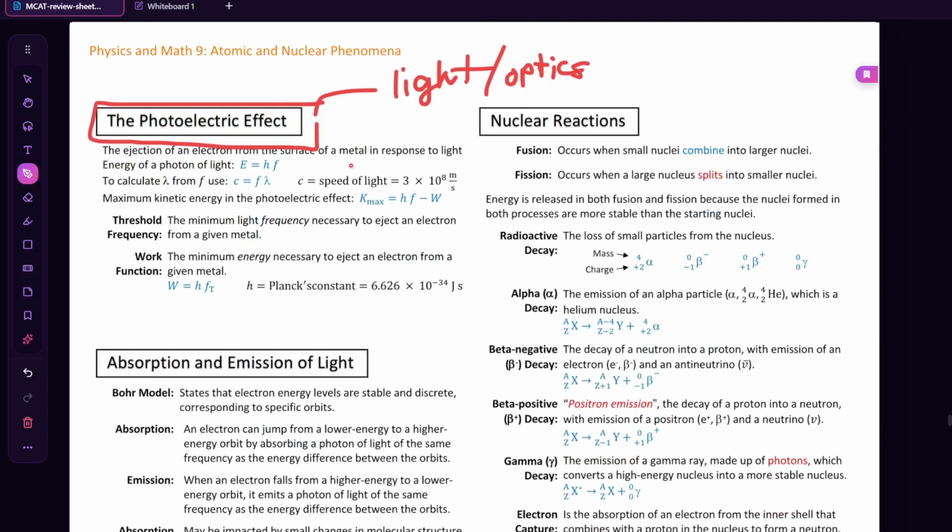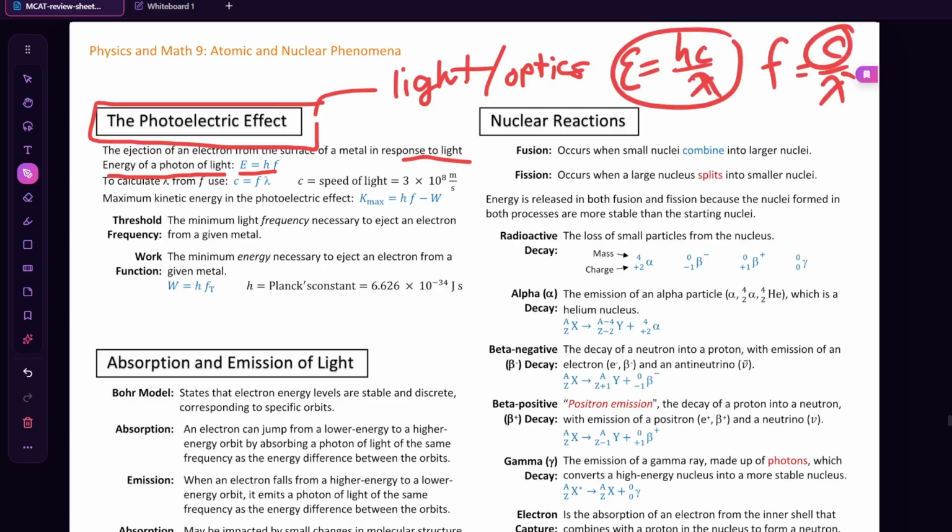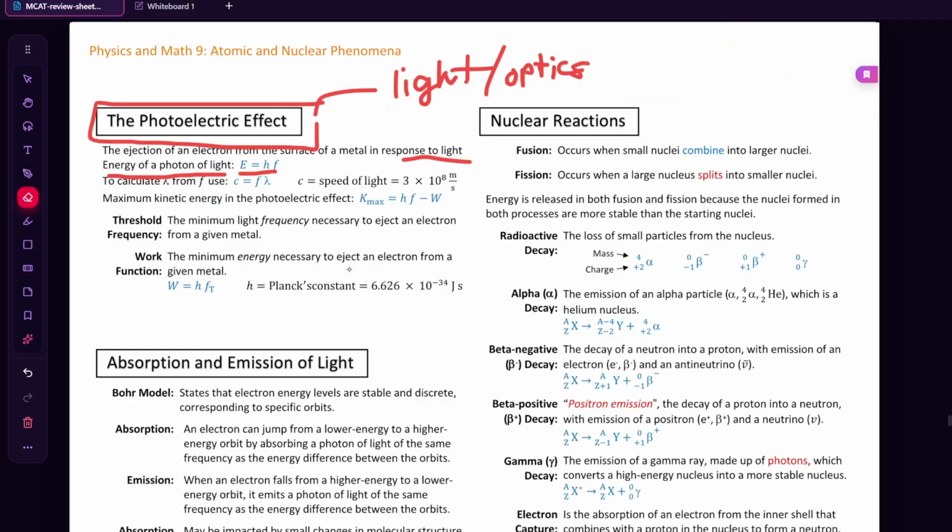So it's the ejection of an electron from the surface of a metal in response to light. The energy of a photon of light is E equals hf, and you might see this formula as well, E equals hc over lambda, where f is equal to c over lambda, c being the speed of light, divided by the wavelength. This would be general chemistry review.